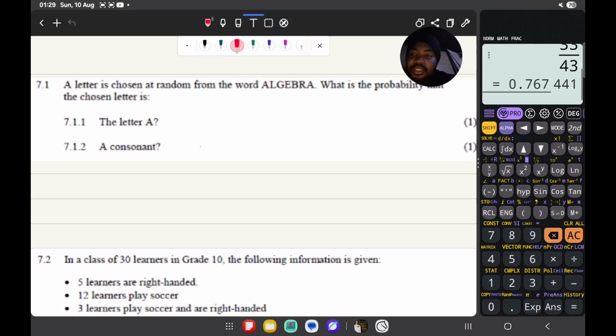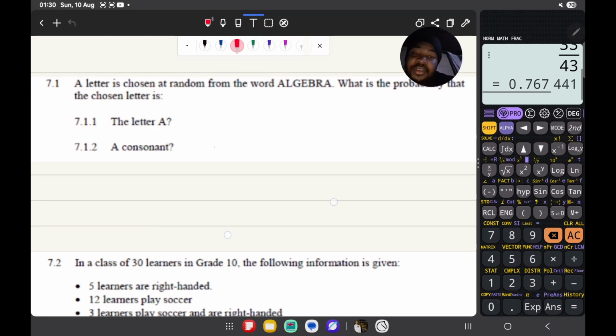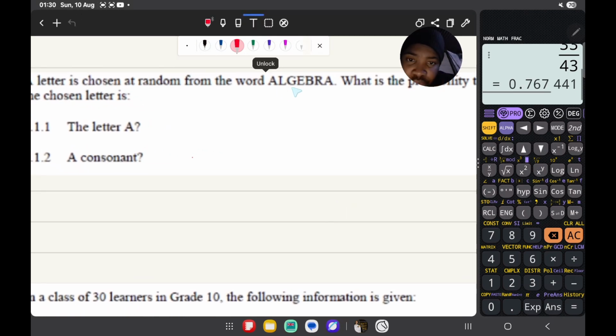Another question, they say a letter is chosen at random from the word algebra. What is the probability that the chosen letter is A? The first thing you need to check is how many letters you have. I have 1, 2, 3, 4, 5, 6, 7. 7 letters. Letter A, you have 1 and 2.